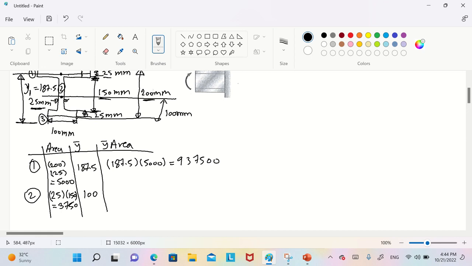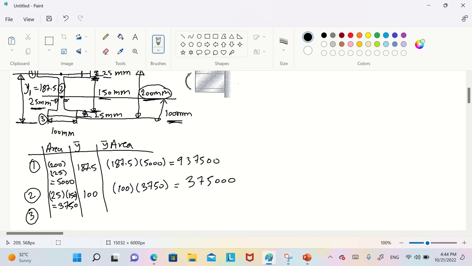Because as you see here, 200 is the whole height, so half of the 200 is the center of the second one, which is 100. Now the same here is 100 multiplied by 3750. You will get 375,000.